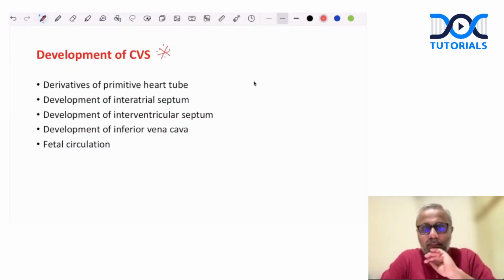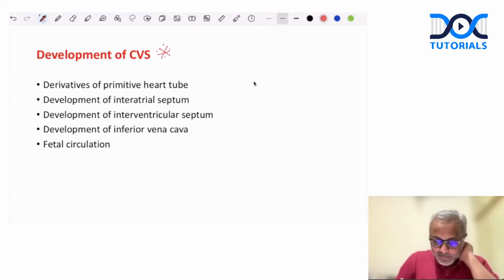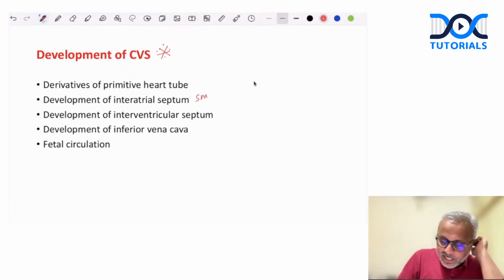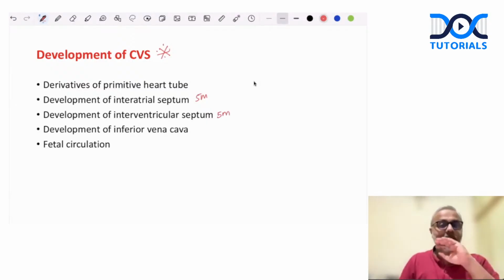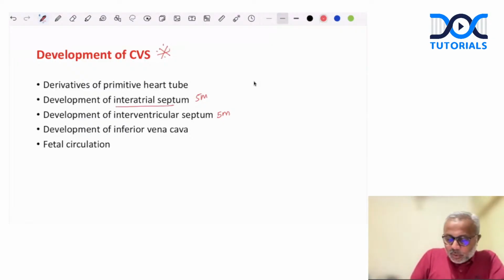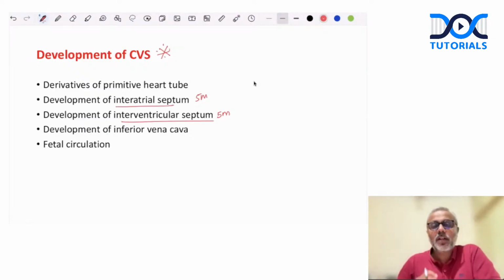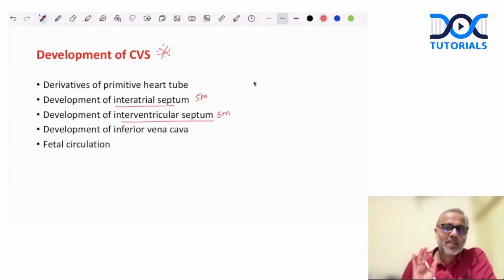Development of interatrial septum and development of interventricular septum are important 5-marker questions, very often asked even in your embryology viva as well as in your theory exam. So these are the 2 topics you need to be prepared for.